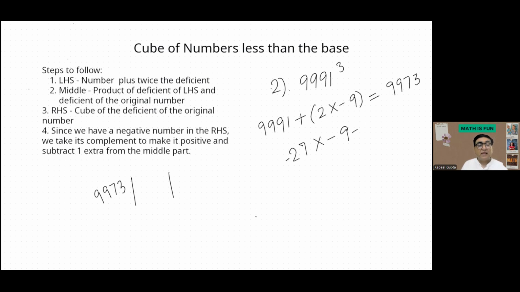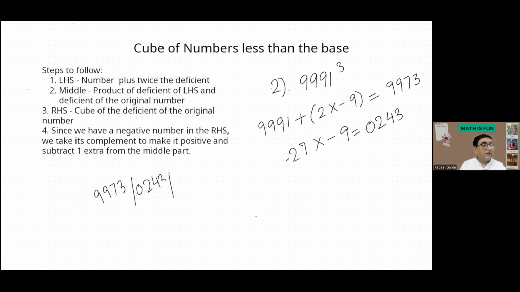I have to multiply 27 and minus 9, and I will get 243. Now because here the base number is 10,000, which has four zeros, I will need to make it a four digit number, 0243.